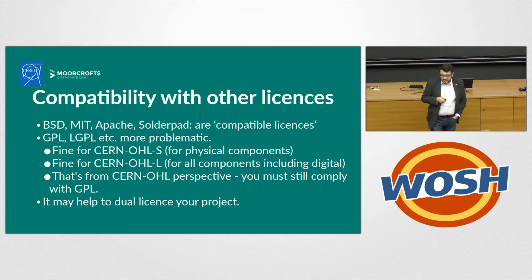You can freely use components licensed under any of those permissive licenses as components within a CERN OHL design, because what you're effectively doing in those circumstances is relicensing them under CERN OHL. But if you're asking, can I take an Apache design, put CERN OHL components in it and then release the whole lot under Apache? No. Okay, that answers my question.